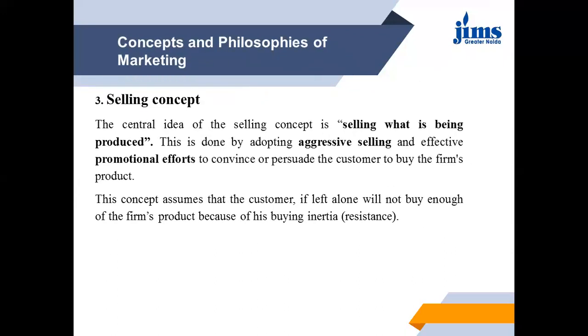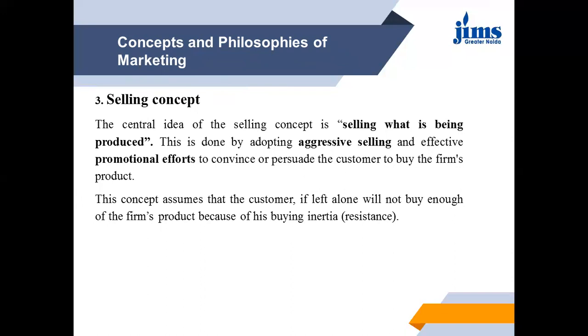The third concept under traditional philosophies is the selling concept. The selling concept revolves around the core idea of selling what is being produced. That means I am the seller, I know the market, and even if I don't know the market, I have certain factors of production at my disposal, so I am the most powerful one.